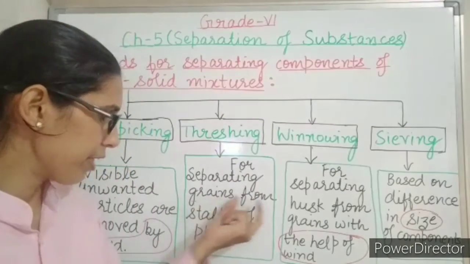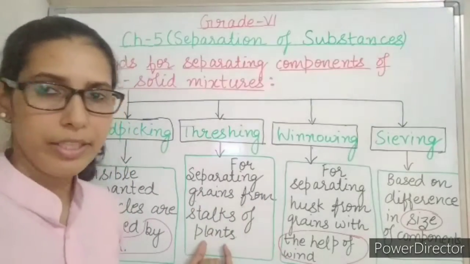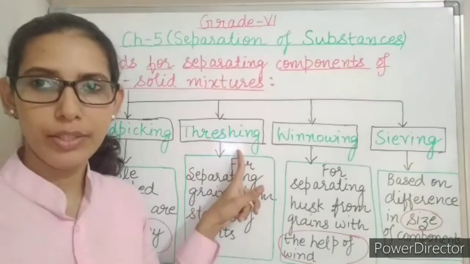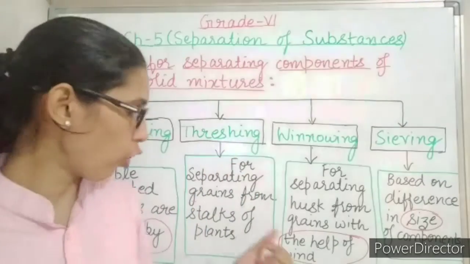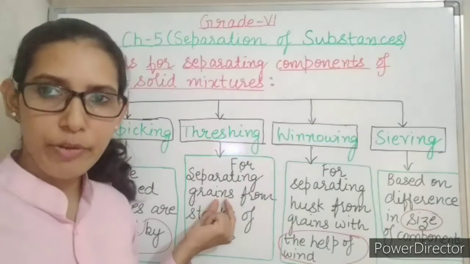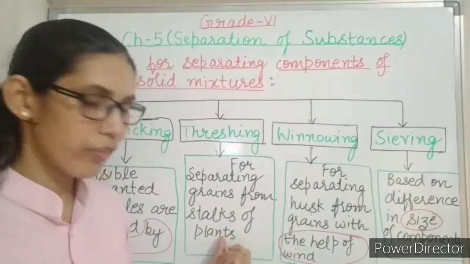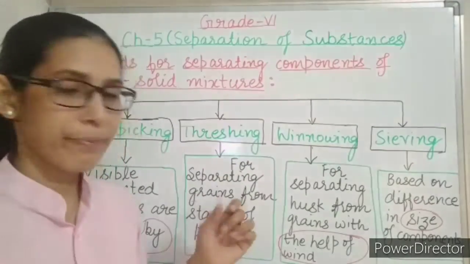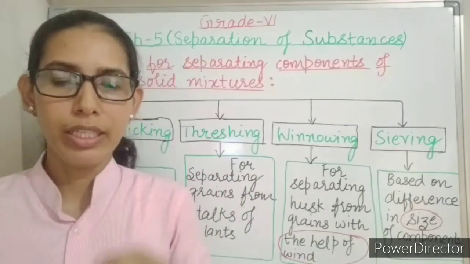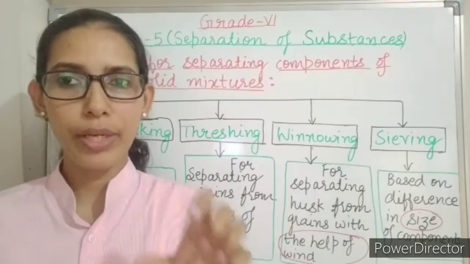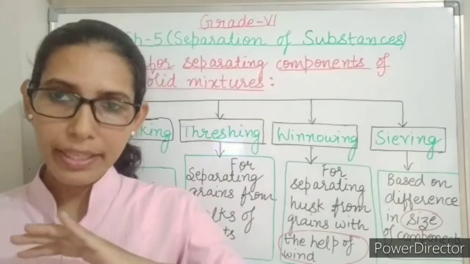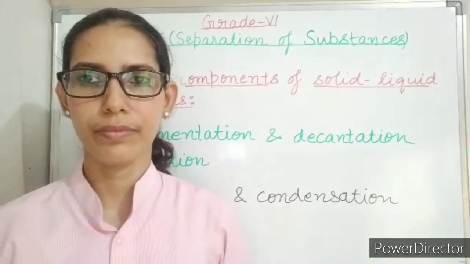If we want to separate grains from the stalks of the plant, we will prefer the threshing method. We will not pluck the grains like wheat seeds from the stalks of the plant, because the seeds of the wheat are very small in size and they are larger in quantity.